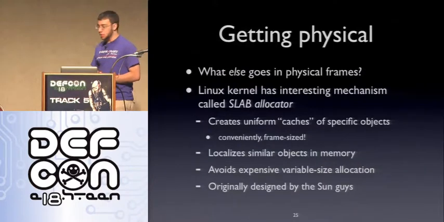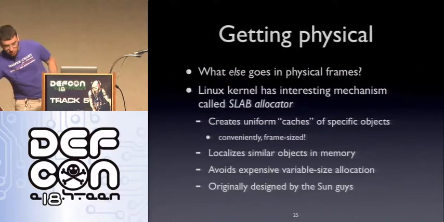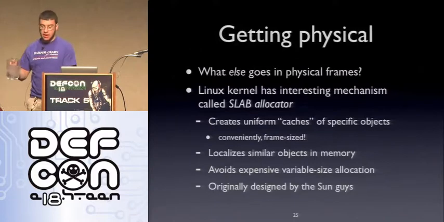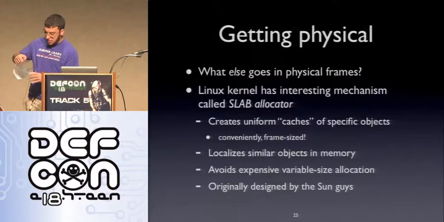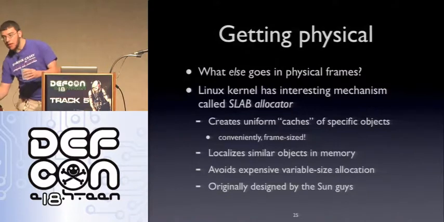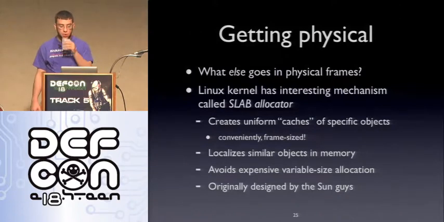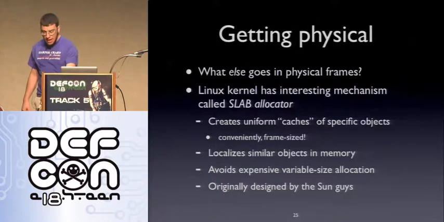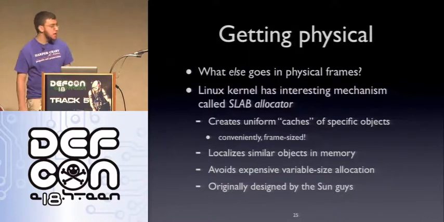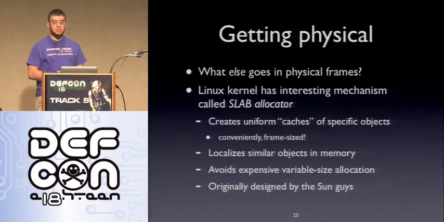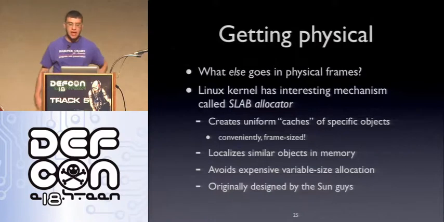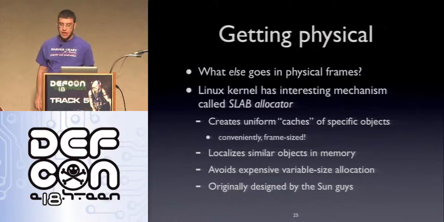There are other things that go in physical frames, but the big important thing that goes in physical frames is controlled by the slab allocator. The slab allocator is a central memory allocation structure in the kernel, and they switched to that probably in late 2.4. The idea behind the slab allocator is that in a kernel, you create a lot of objects that are about the same sort of thing.